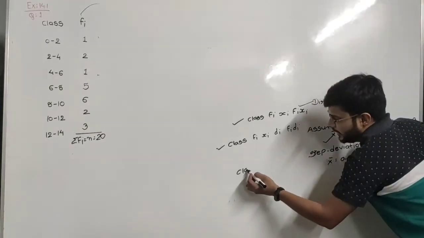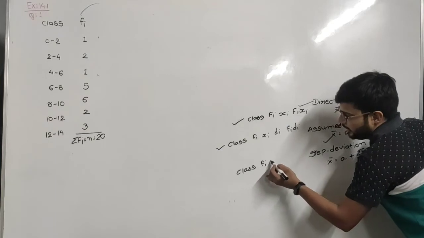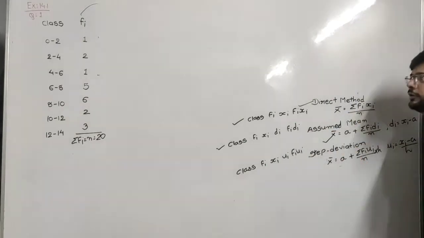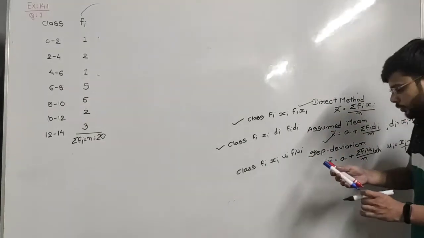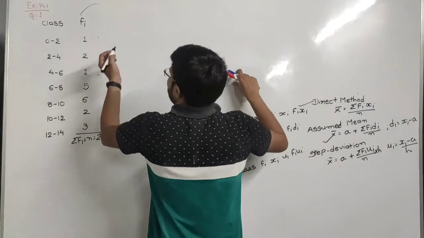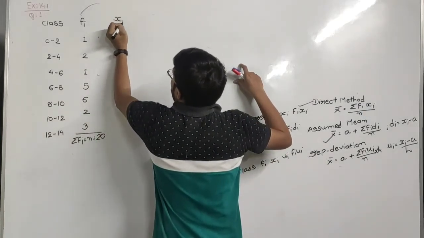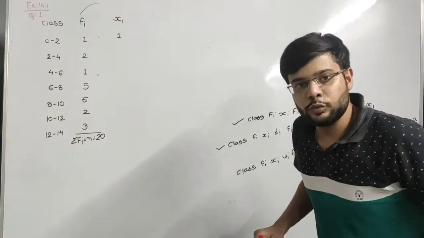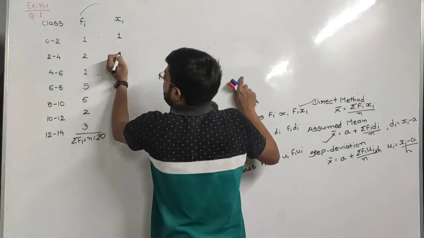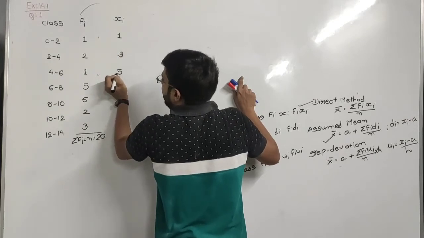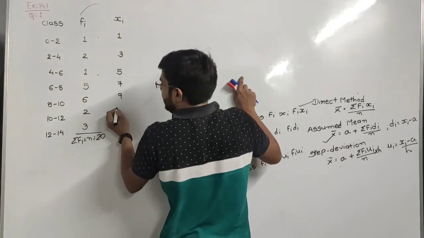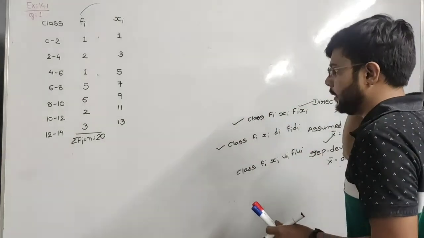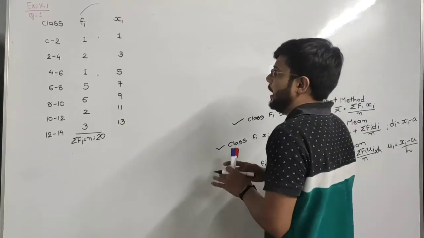And here in step deviation you have to find fi, xi, ui and fi ui, right? So now as you can see, we have to find xi, and we know that xi will be 0 plus 2 divided by 2, that is 1, 2 plus 4 divided by 2, that is 3, 5, 7, 9, 11 and 13, right?